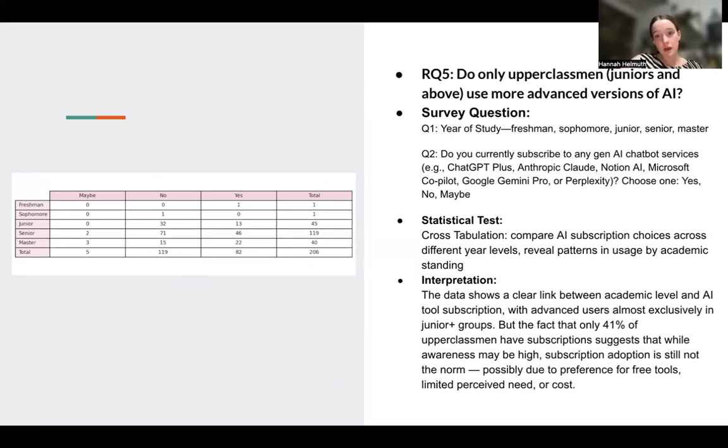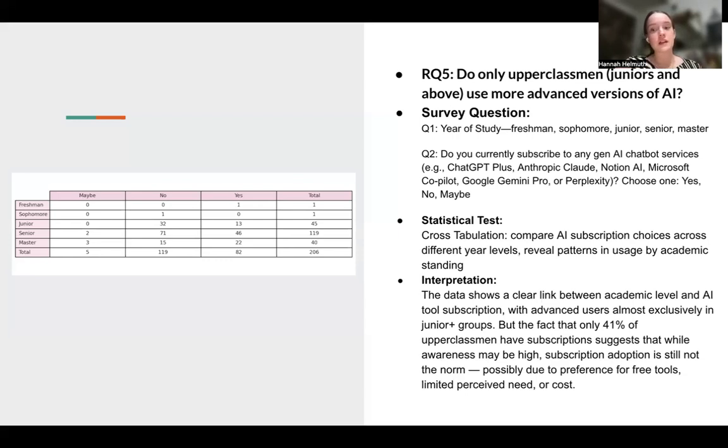For this test, we did a cross tabulation, and the findings were actually interesting. There's a clear link between academic level and AI tool subscription, with most advanced users almost exclusively in the junior plus group.